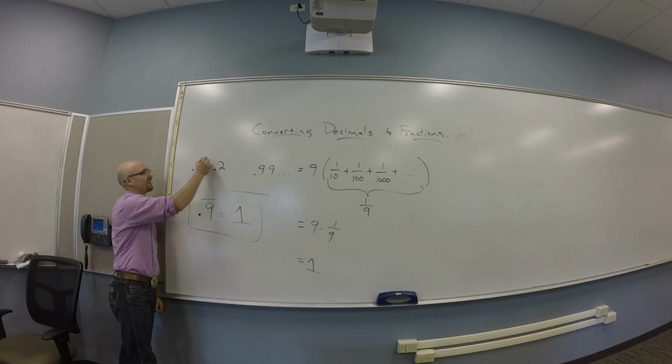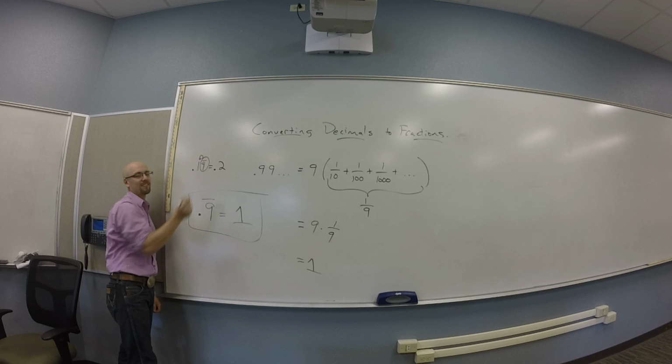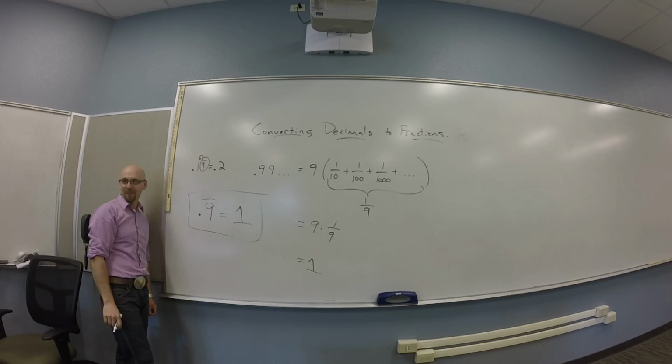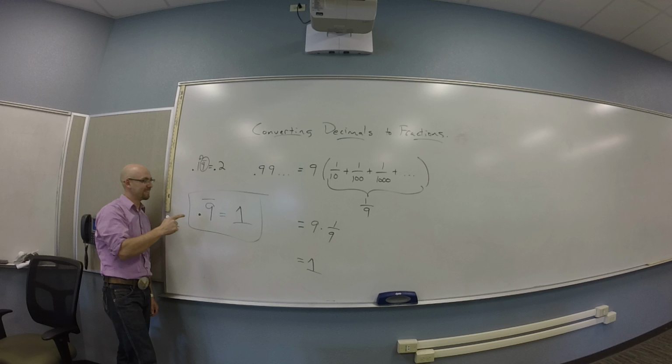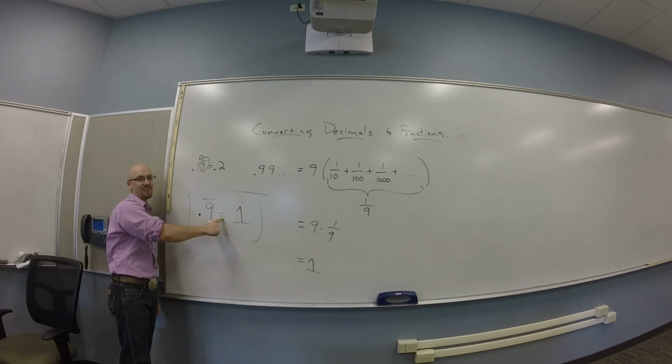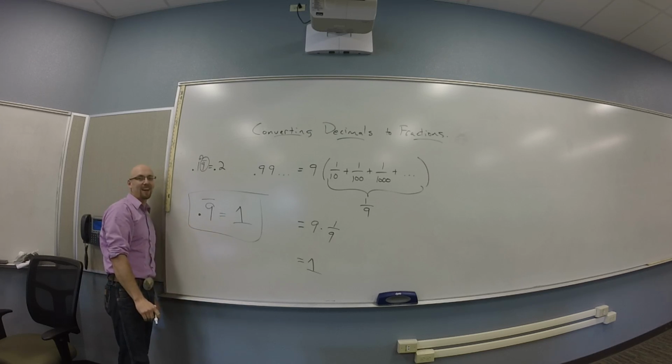Is it just rounding? That's just your calculator rounding, right? No, it's not rounding up. It's literally the same thing. You know how critiquey I am of rounding. This is not rounding. This is actually a hard equals. Those are actually the same number.